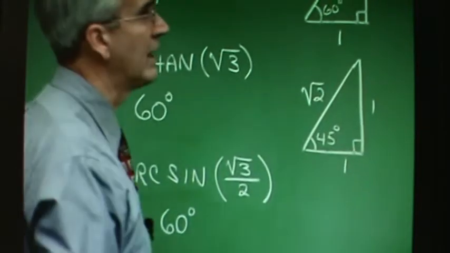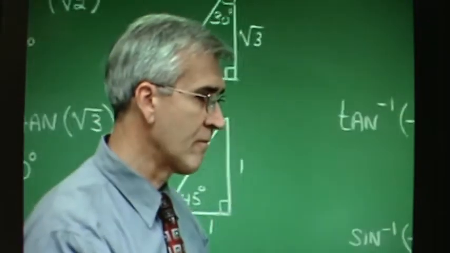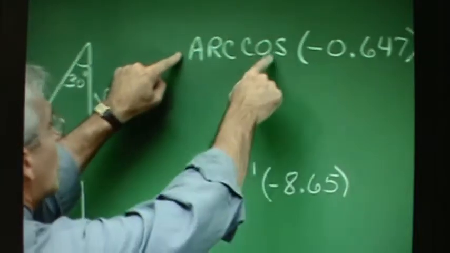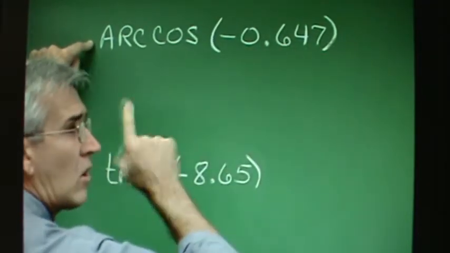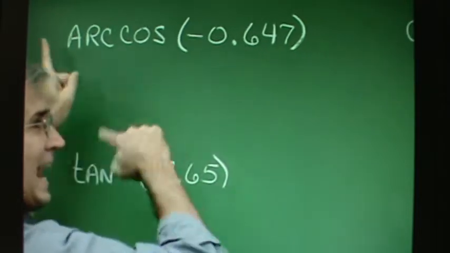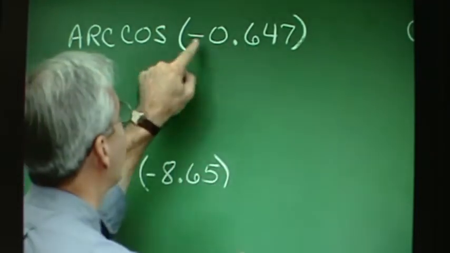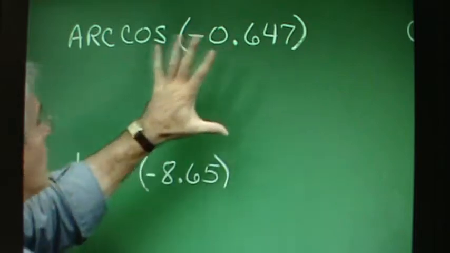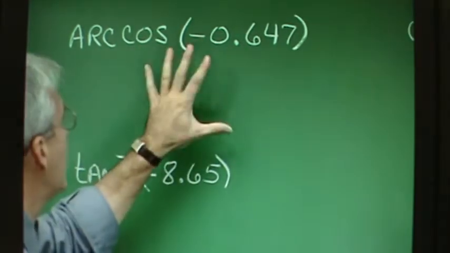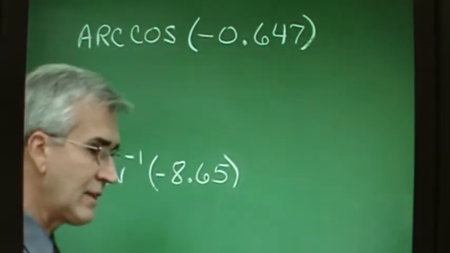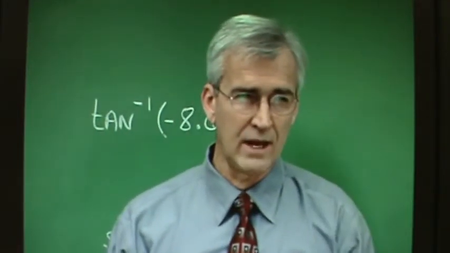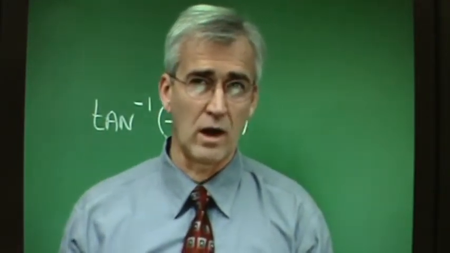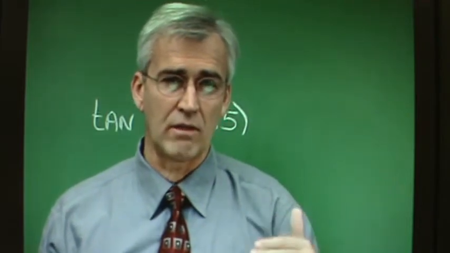Let's use the calculator to find these. Arc cosine, negative 0.647. Now, that means we want the angle whose cosine is this negative value. Now, we know probably at the beginning that the cosine of angles is positive in the first and fourth quadrants, but negative in second and third.